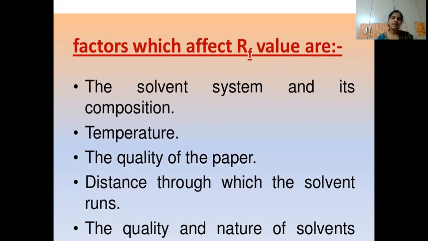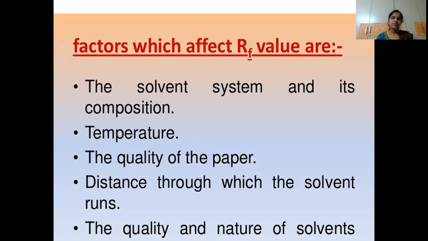So the solvent will run at different distances. Now suppose we are taking TLC and we dip the slides into the adsorbent. Sometimes the adsorbent will adhere onto the glass plate, but it may not be uniform adherence. If it is non-uniform, then the distance traveled by the solvent will vary.